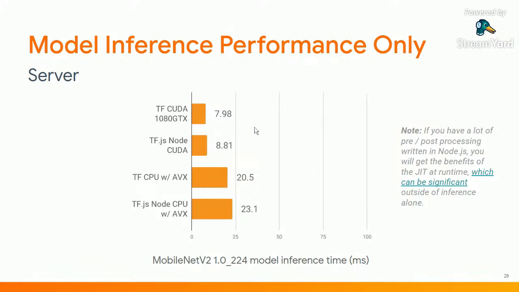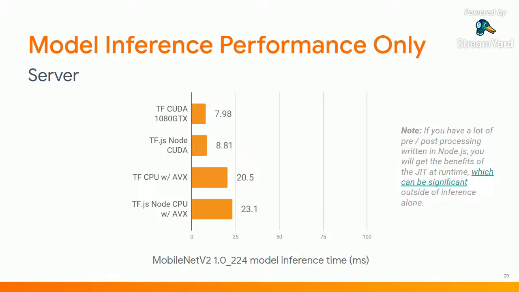What's even more interesting is that if you have a lot of pre or post processing and you write that in Node.js, you can get significant performance benefits because of the just-in-time compiler of JavaScript. For those of you who don't know, in machine learning you typically need to manipulate the data you're taking from the raw sensors and transform it into a numerical format that the model can digest.